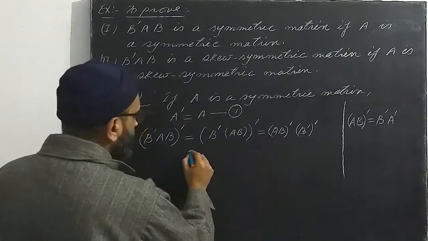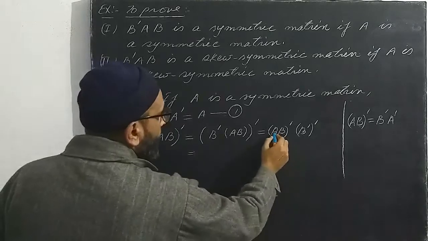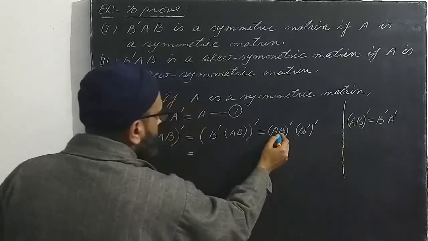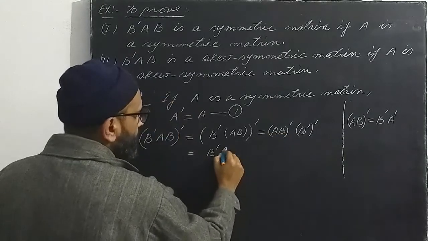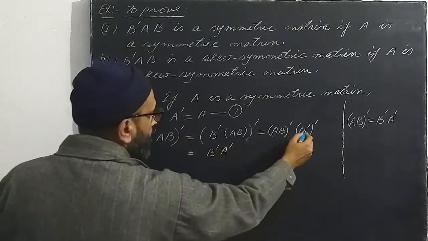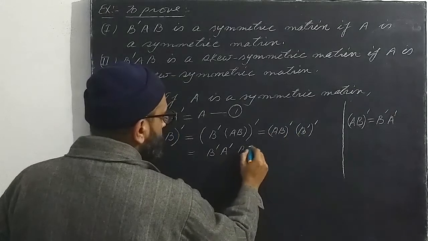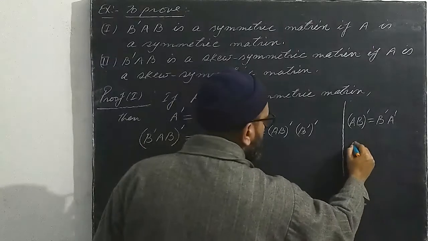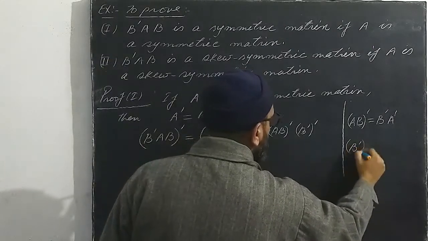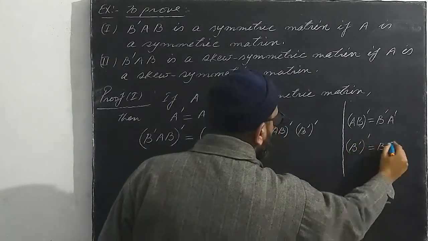Now, again, using the same property, we may write this as B'A', and here it is B, because the transpose of a transpose is the matrix itself.